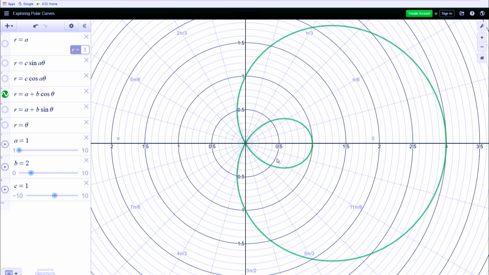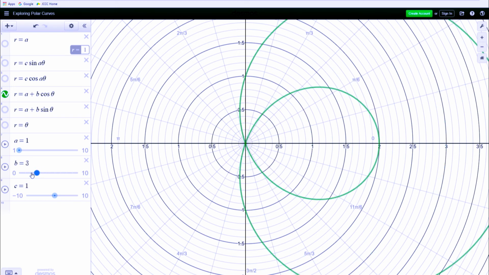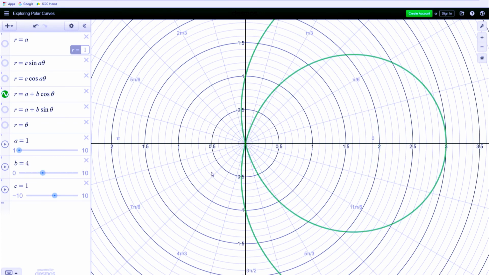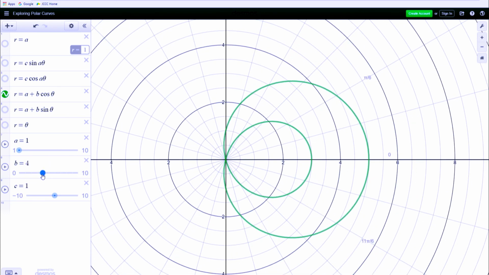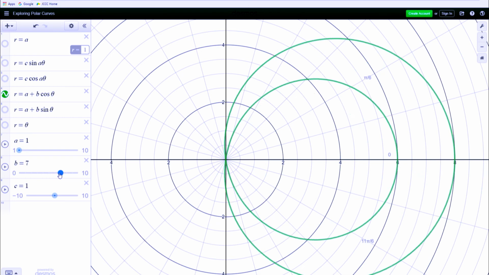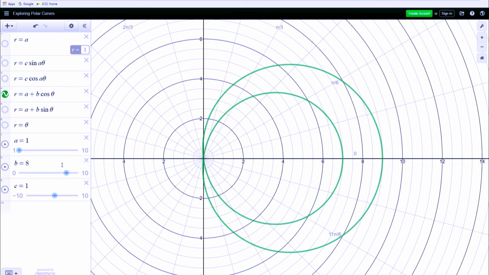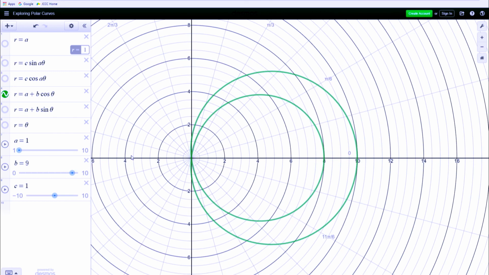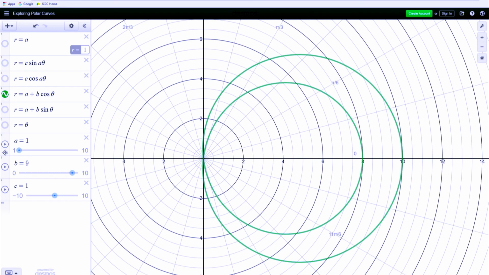This thing has an inner loop because we've stretched the amplitude more than we've shifted. So there is going to be some negative. And whenever r is negative, we're getting that inside loop. And the more extreme that difference is, we're also stretching out, so I've got to zoom out a little bit. But that inner loop gets larger and larger and larger. So it's not so much important that a is 1.